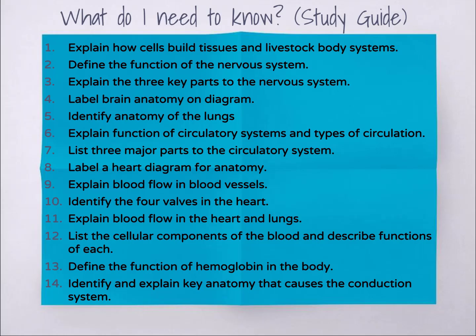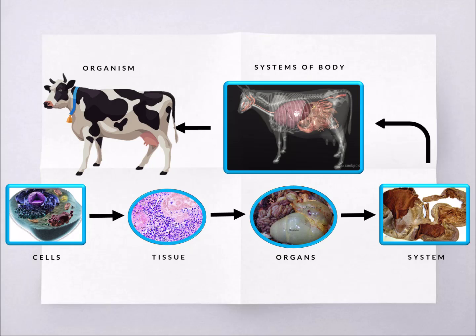Now, we've got a more detailed study guide on Blackboard for you to utilize in each lecture folder, but it's a more detailed version of the one you're seeing here. And we talked about, starting in week 5 of the semester, how cells are really the base of every single organism that we work with in livestock production.